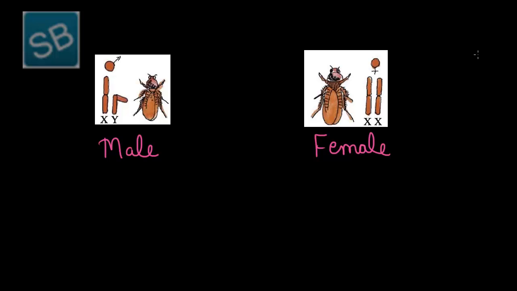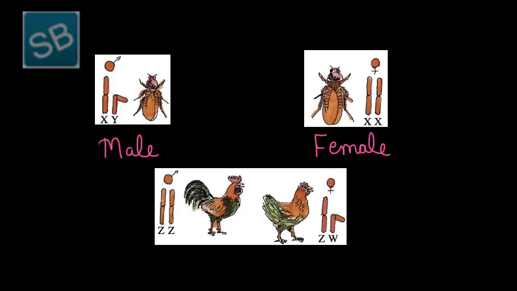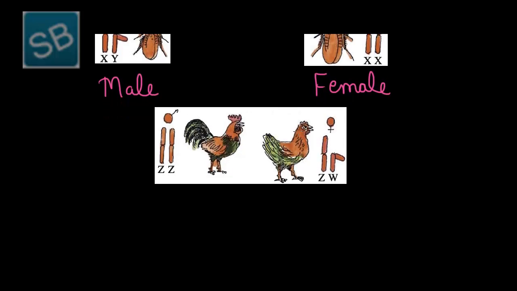But in the case of flies or birds, the chromosome arrangement is different from that of other organisms like insects or humans.